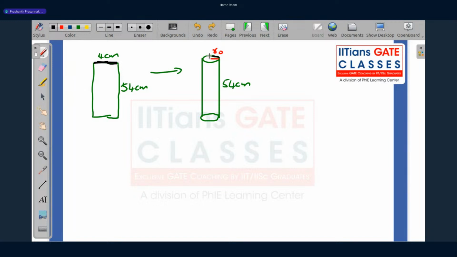So we can apply the formula for the circumference of a circle. 2 pi R0 is equal to 4. This gives R0 is equal to 2 by pi. So this was part of the calculation.